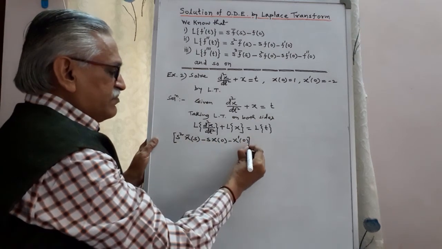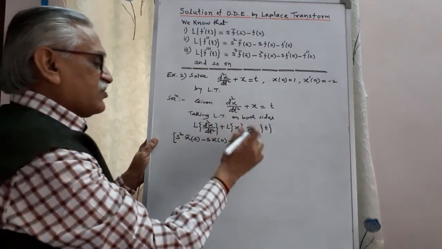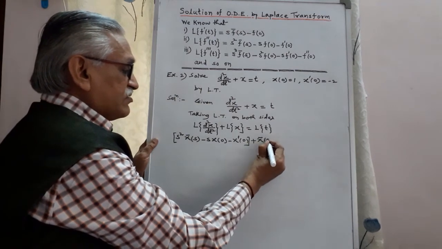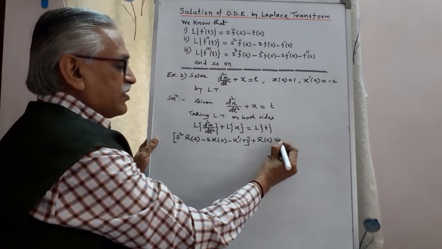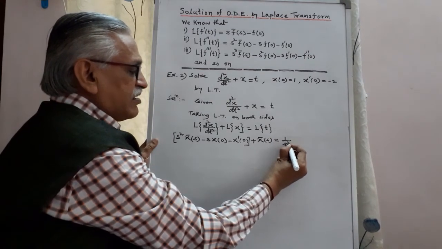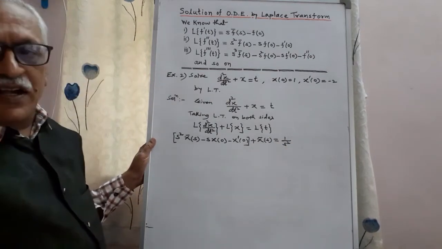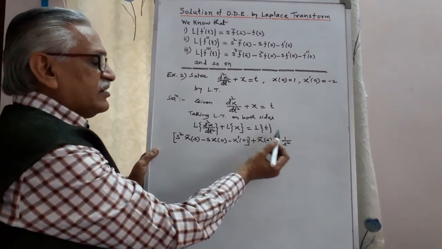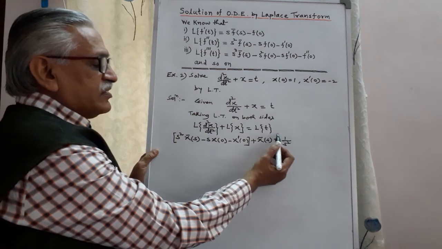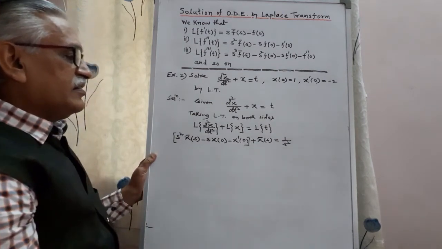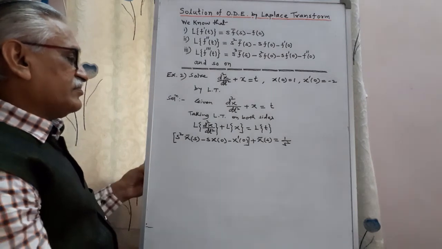Laplace for the first term, Laplace of x once again, it is x bar of s, and Laplace of t, it is 1 by s square. Standard result: here n is 1, x raised to n plus 1, 1 plus 1 we get 2, and 1 factorial.